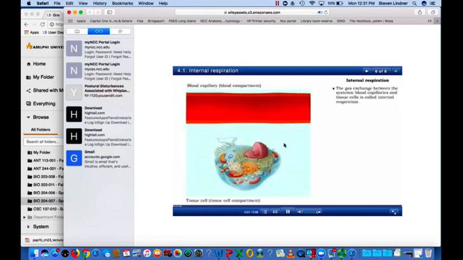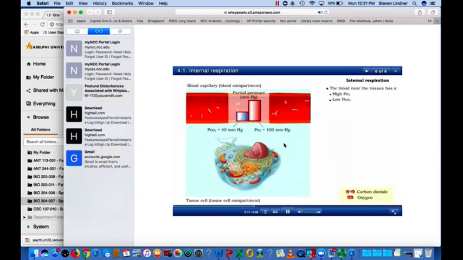The gas exchange between the systemic blood capillaries and tissue cells is called internal respiration. Blood, high in oxygen and low in carbon dioxide, circulates past tissue cells. The blood near the tissues has a high oxygen partial pressure and low carbon dioxide partial pressure.